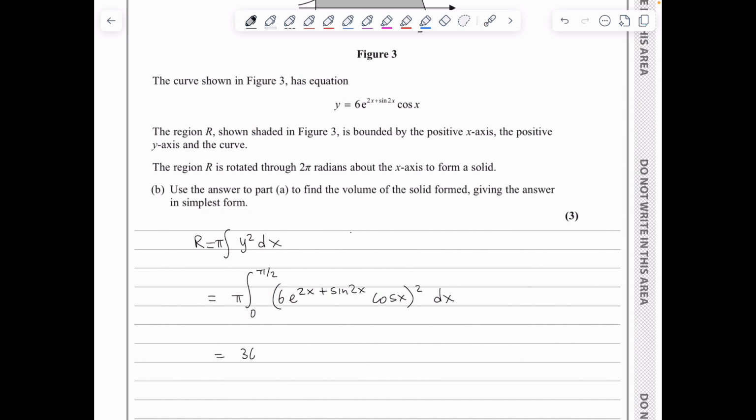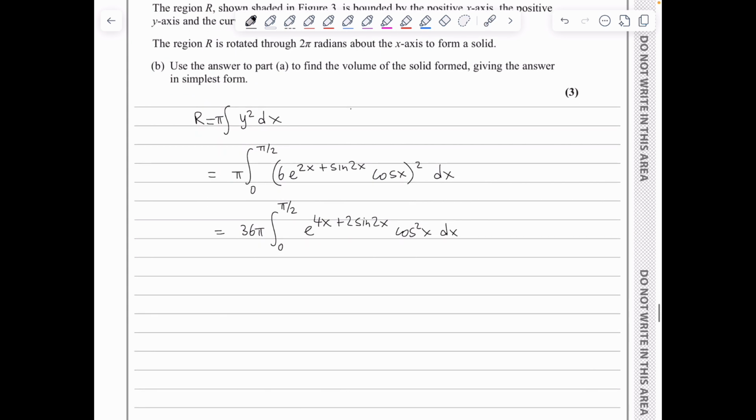So it's 36 pi, and the integral of 0 to pi over 2 of e to the 4x plus 2 sine 2x times cos squared x. So when I'm squaring this expression, the indices of the exponential term get doubled. So this is exactly what we had to integrate in part A.